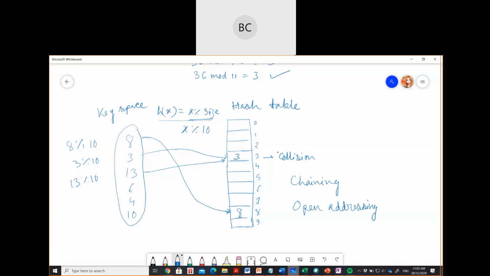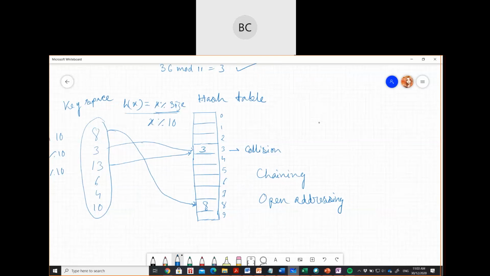This is kind of an extra thing I'm telling you guys. These things are not in the CNS part, but anyway, you should know about these collision handling techniques. These are the two main categories.